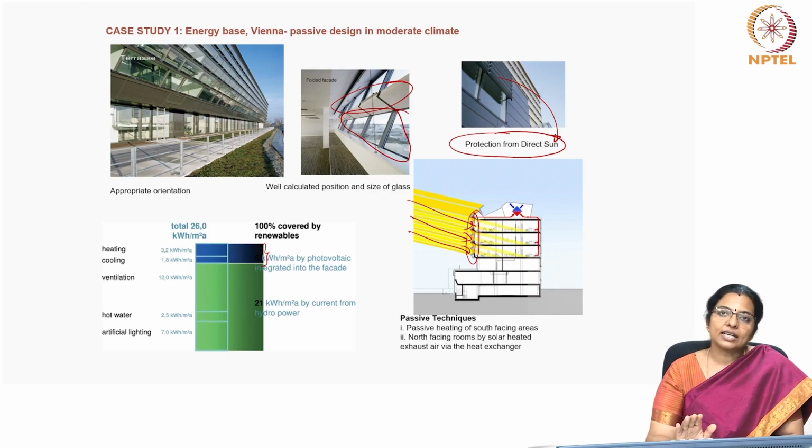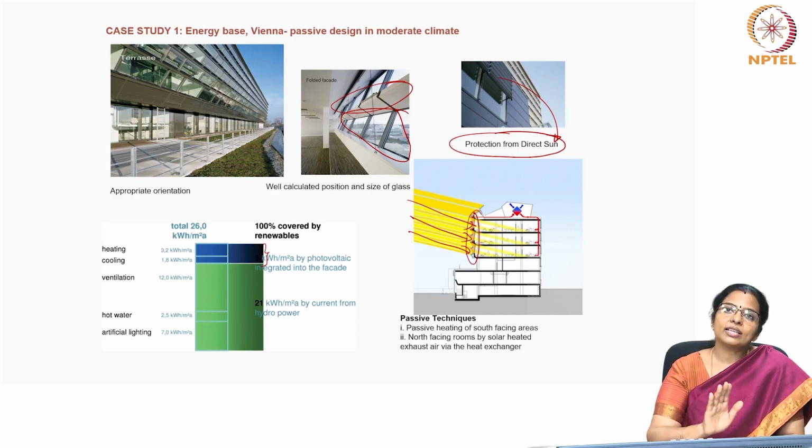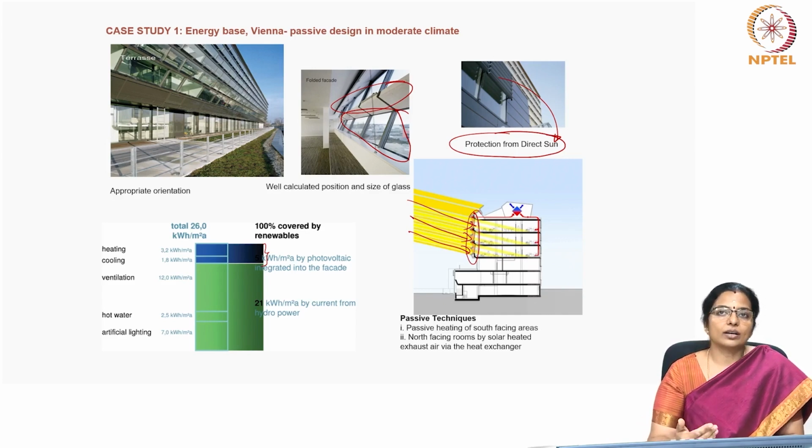So, in today's class, we have seen what simple passive techniques are and what the principles behind these simple passive techniques are for them to actually work. We have seen the simple passive techniques used in various climates in a very brief manner. It is more like a demonstration of, for example, orientation.